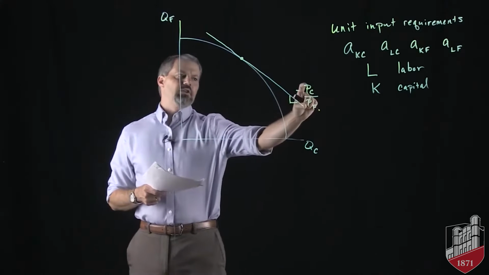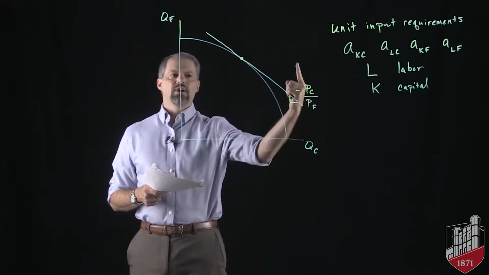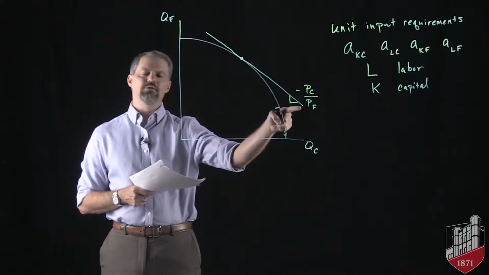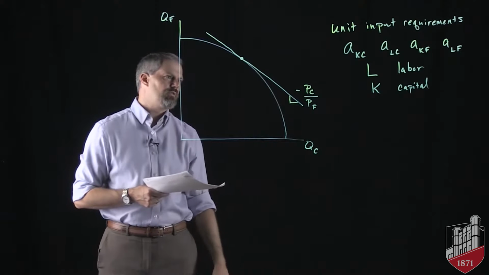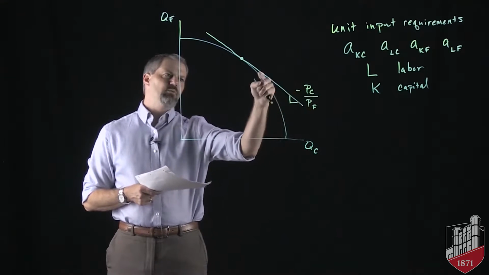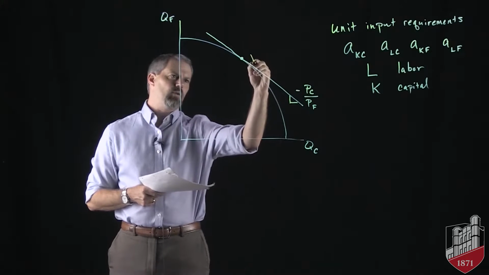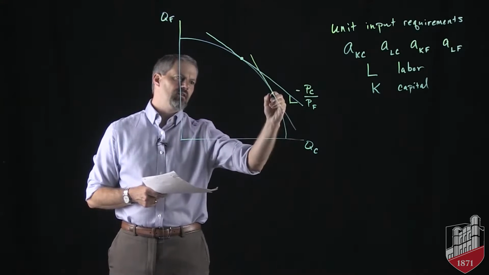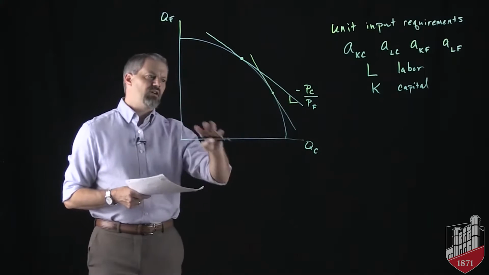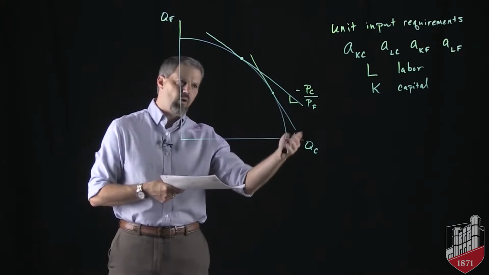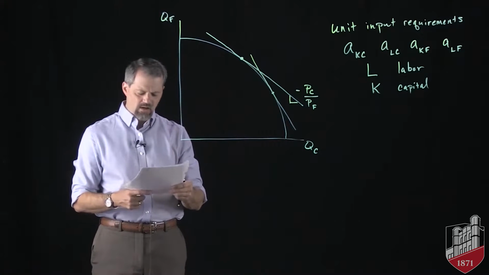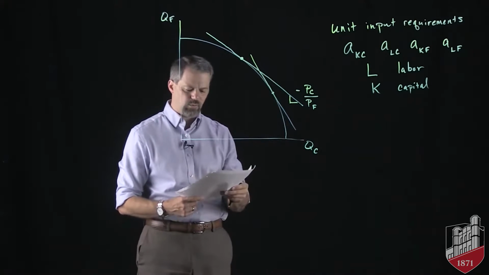If this changes, for example, if the relative price of cloth goes up, and that could happen because the price of cloth itself goes up or the price of food goes down or some combination of the two, let's suppose this ratio goes up, then this line will get steeper and we would move to a point somewhere over here where, because the relative price of cloth went up in our economy, we now produce a higher quantity of cloth relative to food. So we've seen this before. That all is going to pertain to this model as well.